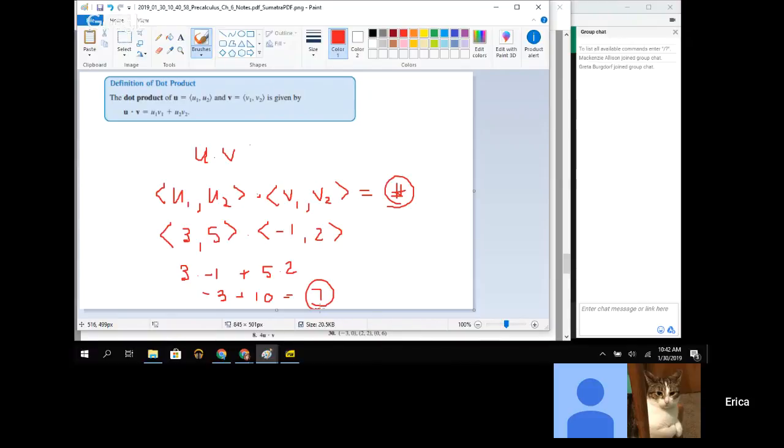It seems weird that when you multiply two vectors together, you get a number, but that's what happens. And that's called the dot product, which is just like with matrices, a scalar number. Then on Monday we'll do a lot of examples of this, but I just wanted to give you a preview, a heads up.